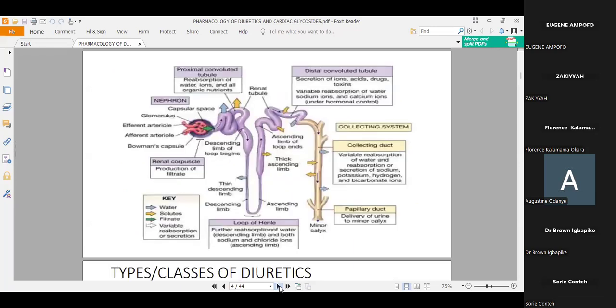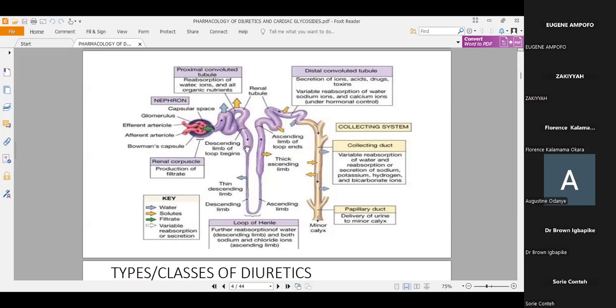So this is a pictorial representation of what happens. We have afferent and efferent arterioles entering into the Bowman capsule. This is the proximal convoluted tubule where the maximum reabsorptive capacity of the nephron occurs. We have reabsorption of water, ions, and some organic nutrients.